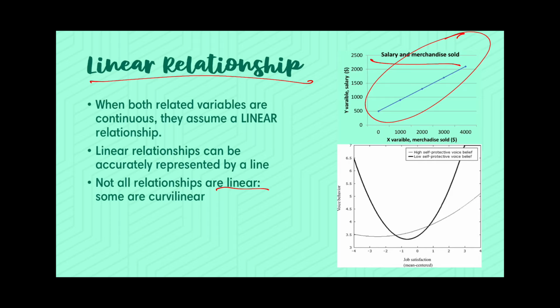Another example of a linear relationship would be the higher number of calories that you intake, controlling for the effect of other things. The more grams that you eat, the more calories you take into your body. So that's an example of a linear relationship.